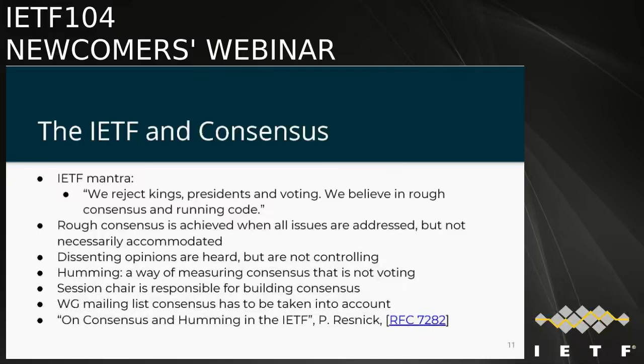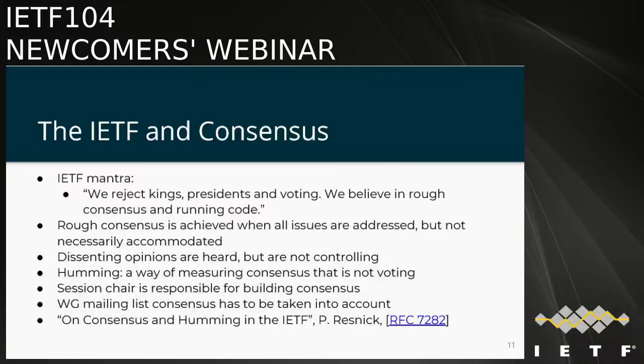It's a good way to feel the temperature of the room, and more importantly it is anonymous. Some people are not comfortable raising their hands or expressing their opinion, and humming is an anonymous way of getting them to vote. This way, nobody has to raise their hand in order to make their choice known.